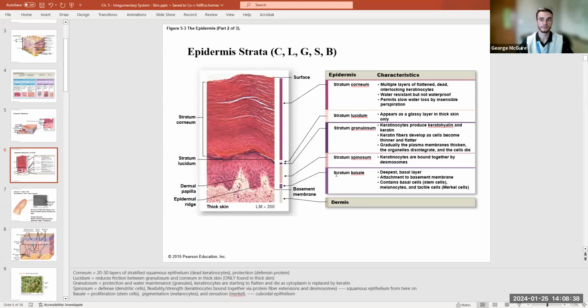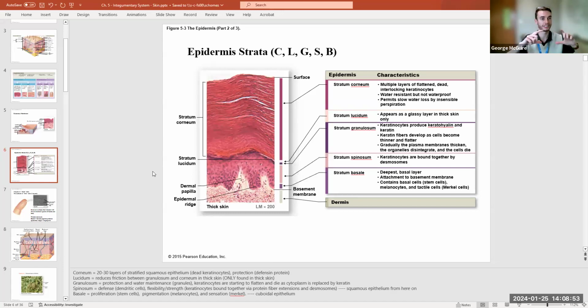So essentially, at the very base in stratum basale, we have a majority of these stem cells that are going to be producing the keratinocytes, which will end up producing a majority of the keratin.